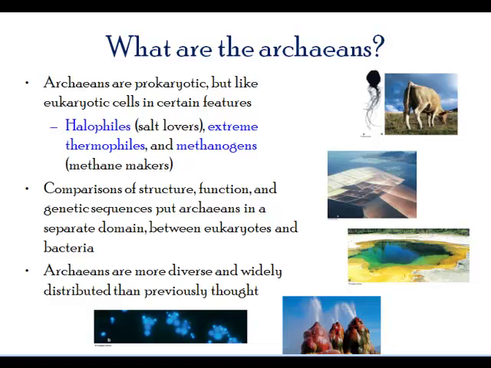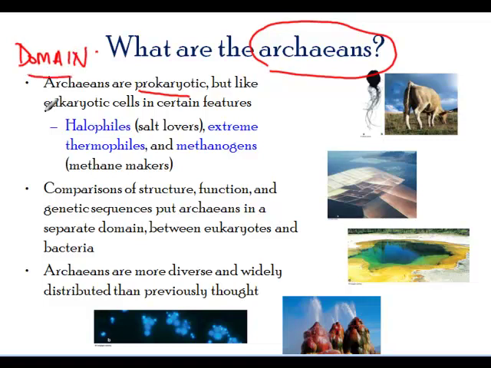Okay, I want to give you another word that you should know, and that is the archaeas. Archaeas are prokaryotes, but they are not totally bacteria. They are actually given their own domain now. They have been taken out of the domain bacteria, and they are the most primitive cells on Earth.